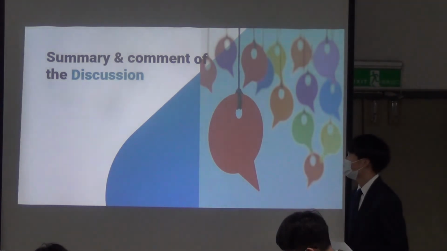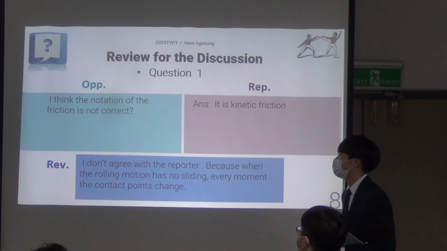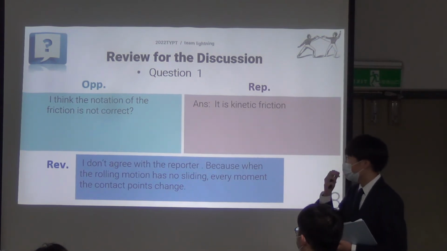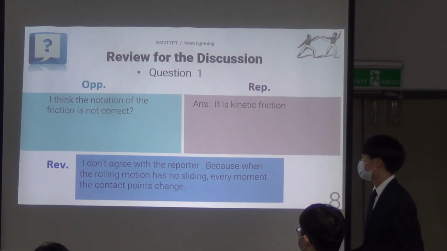And here's the summary and comment of the discussion. First, the question that we got: the opponent asks, I think the notation of the friction is not correct, because he thinks it is kinetic friction. But I don't agree with the reporter, because when the rolling motion has no sliding, at the moment the contact points change.